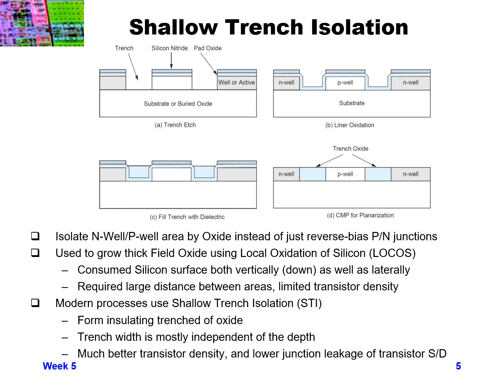So in shallow trench isolation, what we wind up doing is basically building oxide between the P-wells and N-wells by forming a trench of oxide, and the width of the trench is mostly independent of the depth, and so we can get much better density, and we get a lower junction leakage of our source and drain areas and well areas because we have oxide rather than having PN junctions there.